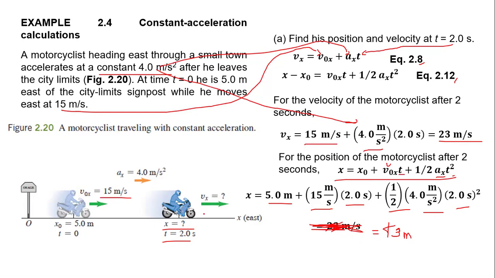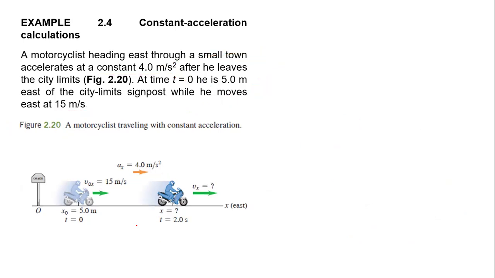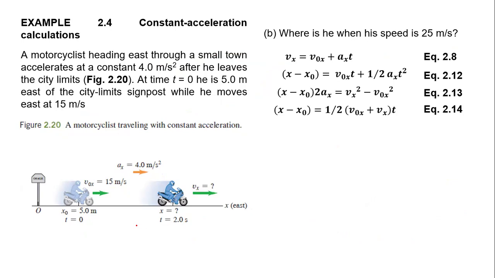Again, this is very useful because you can predict where the particle is, what the speed is, and what time it will arrive, as long as the acceleration is constant. Next: where is he when his speed is 25 meters per second? Here you're given v sub x.